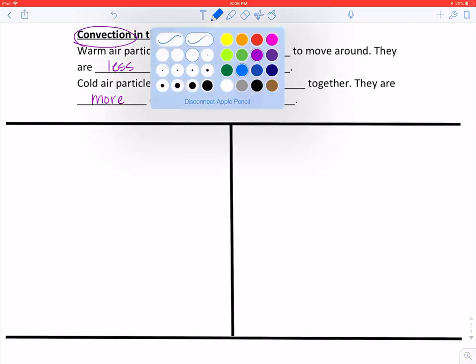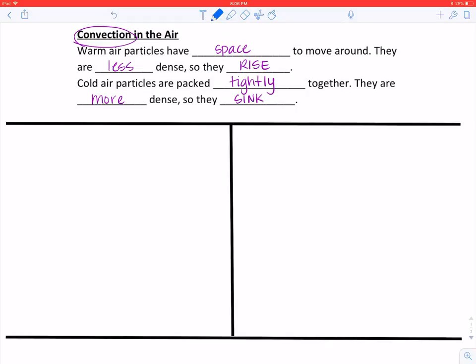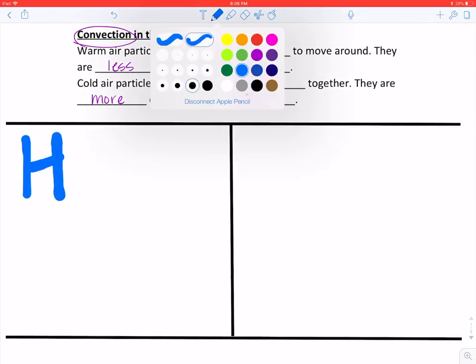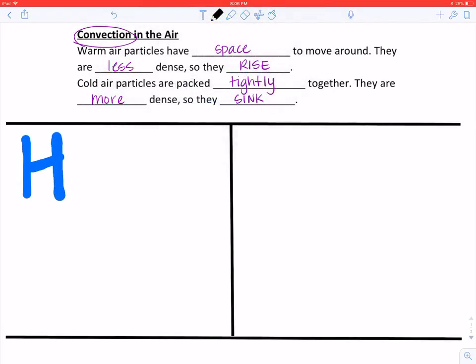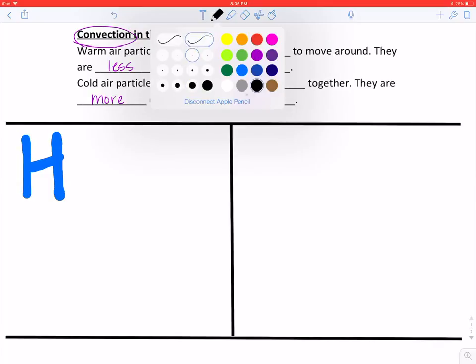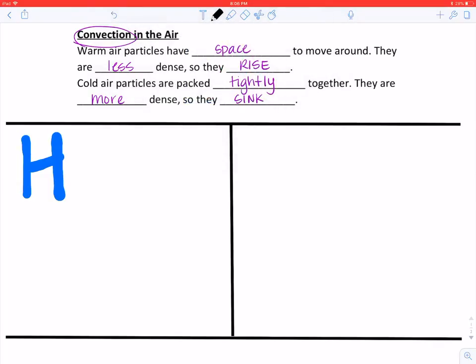I'm going to start with my blue color, and I'm going to be on the left box here. I'm going to draw the letter H. What do you think H stands for? Good, high pressure.